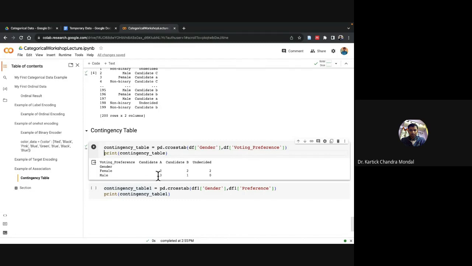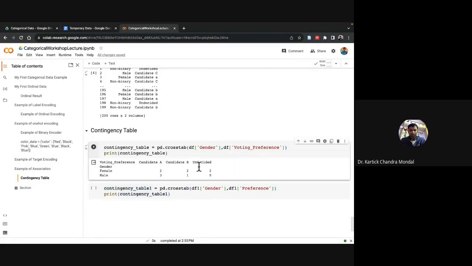that go for candidate A, 2 are female and 3 are male. So male voters prefer candidate A, and female voters prefer candidate B or undecided compared to candidate A. Because together candidate B and undecided it is 4, or you can say the choice of female voters is almost equal for candidate A, candidate B or undecided.